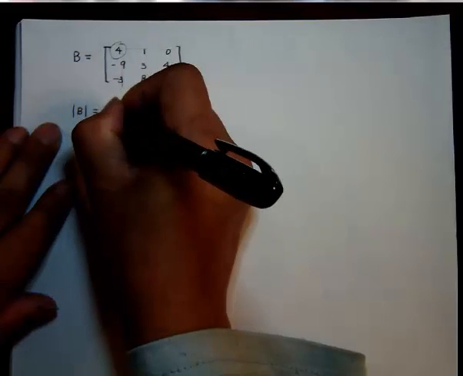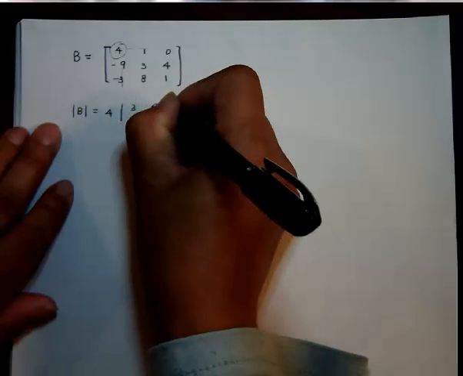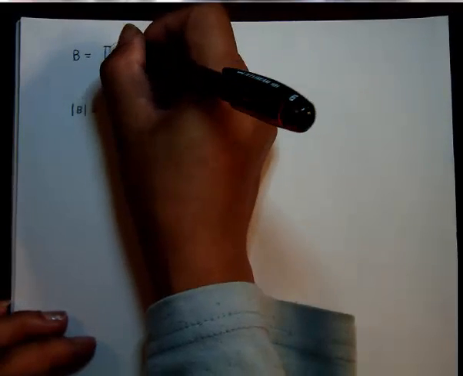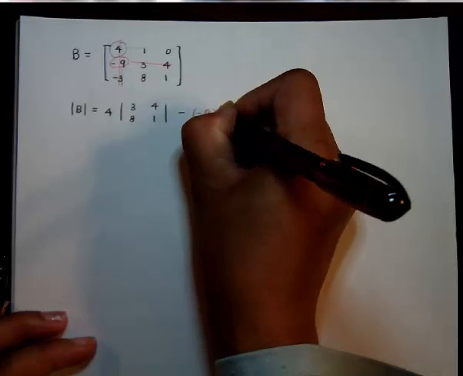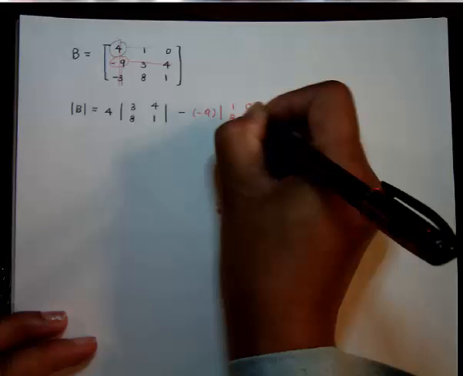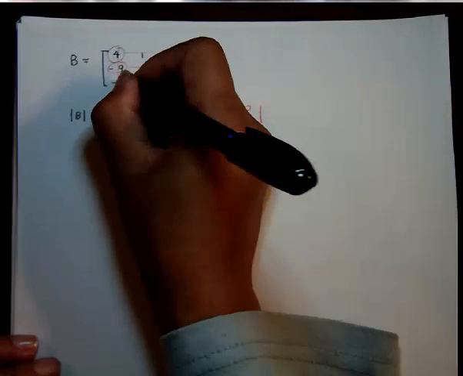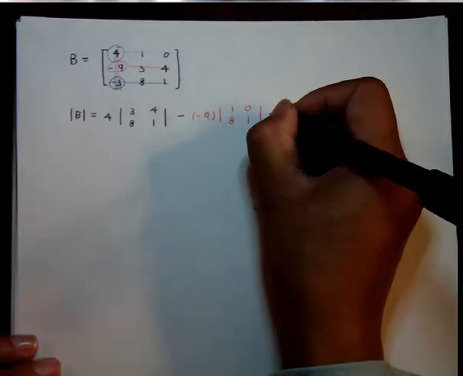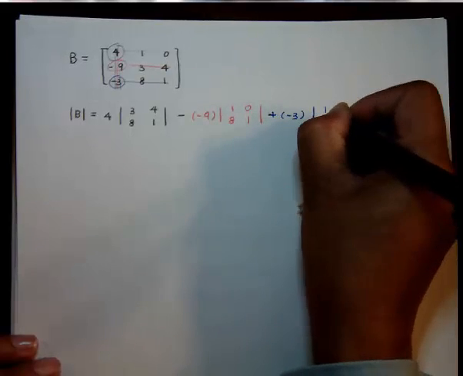So it's 4 times the determinant of 3, 4, 8, 1, minus the second one, take away the corresponding row, corresponding column, negative 9 times the determinant of 1, 0, 8, 1. And the third one is this, you take away the corresponding row and column, plus negative 3 times the determinant of 1, 0, 3, 4.